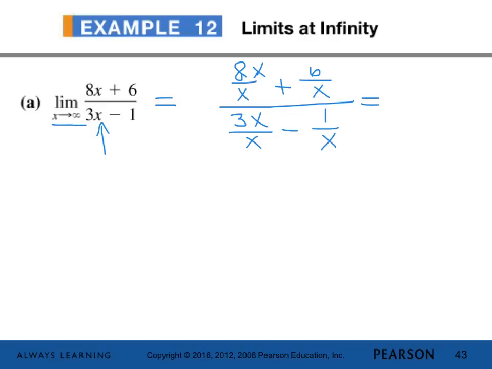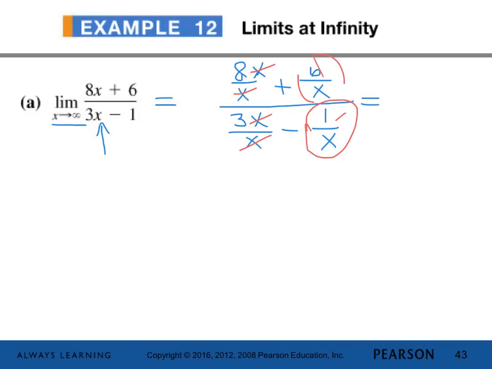Then what happens is that the x's cancel here and here, but they don't here. These stay. So this is where your rules for limits come into play.